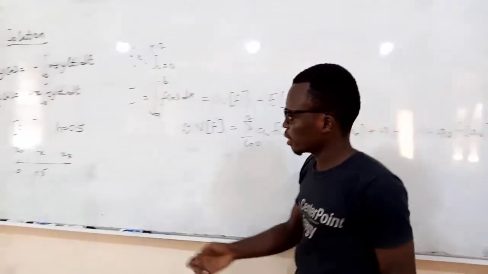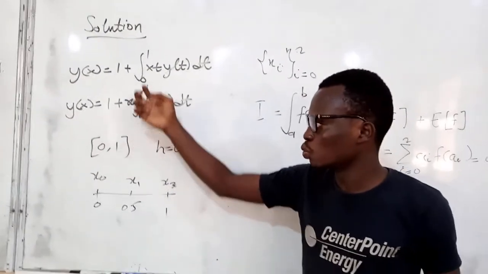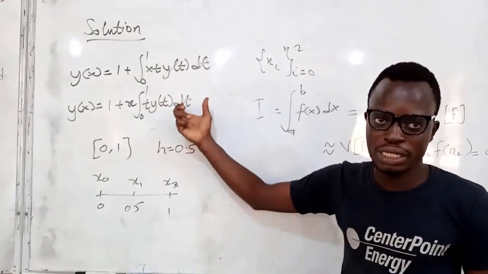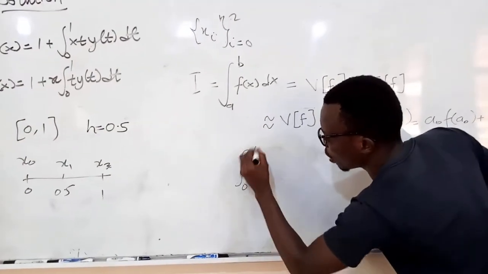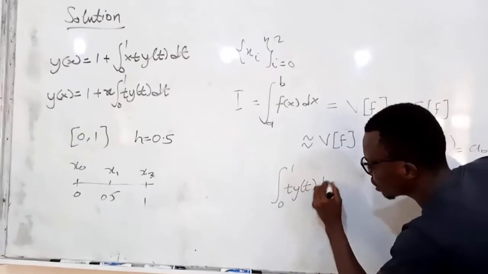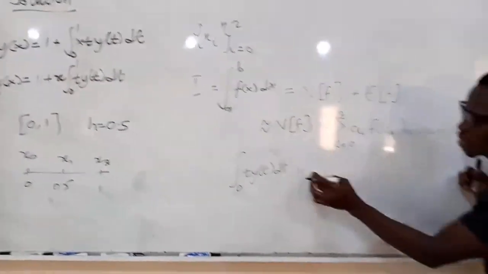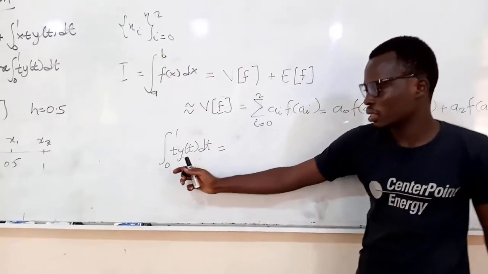Now we have V of f to be this. And let's consider the Fredholm integral equation. The integral side, which is from 0 to 1 of t y of t dt. This implies that the integral from 0 to 1 of t y of t dt is the same as, that means the f here is the same as t y of t.